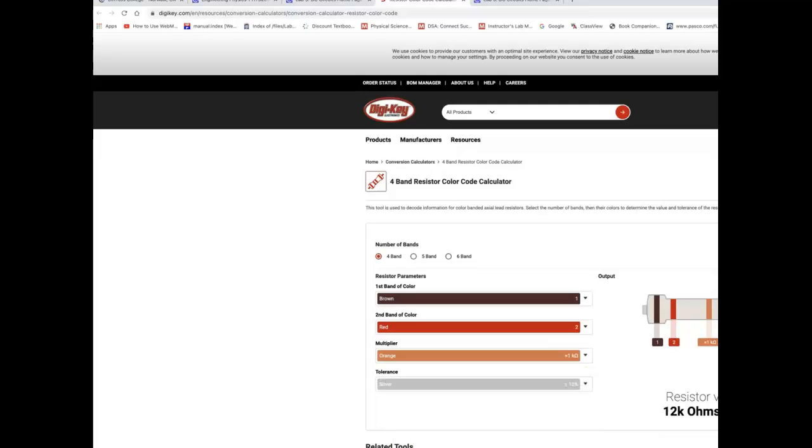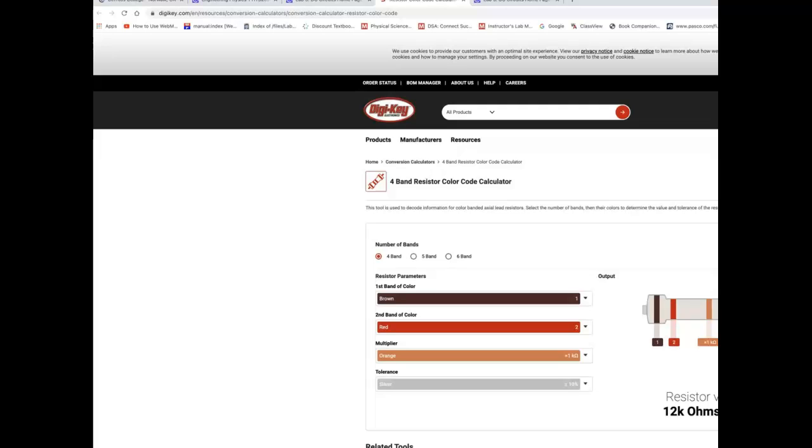Now, brown is 1, then I'm going to put 1. The red is going to be 2. Okay, and then now there is a multiplier. The multiplier, orange is 3, then it's going to be 10 to 3, which is kilo.